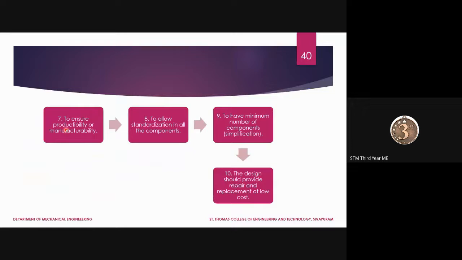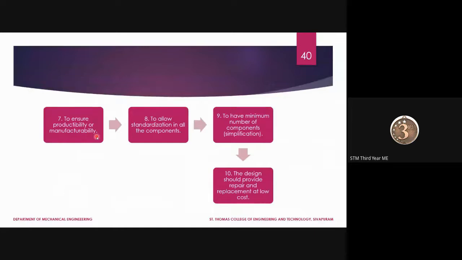Next one is to ensure productivity or manufacturability. So we are designing a process that is suitable for the product design, and that is also a simplified process. The process should be simplified so that you can easily produce or manufacture it. That is what is coming here as ensure productivity or manufacturability.